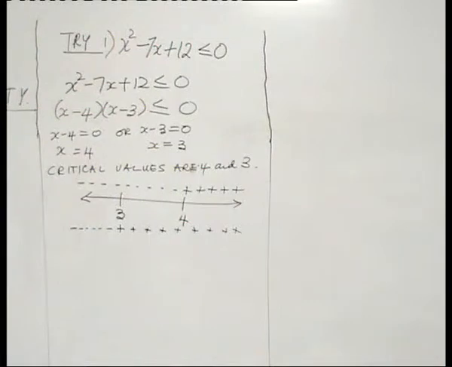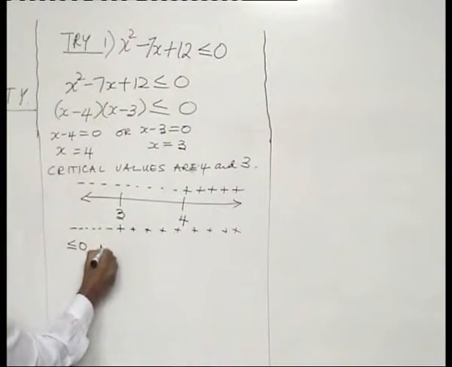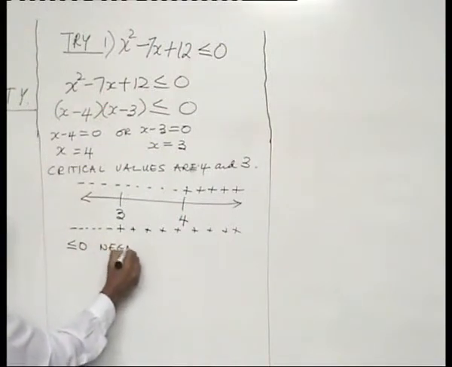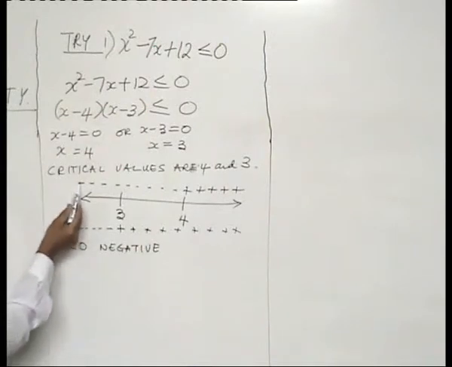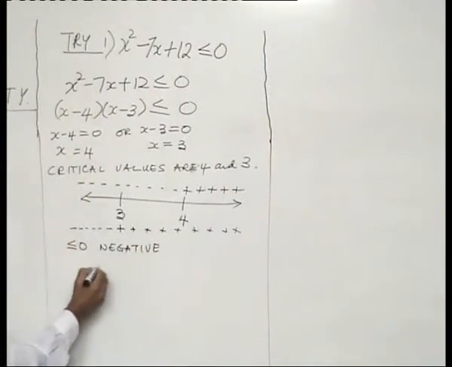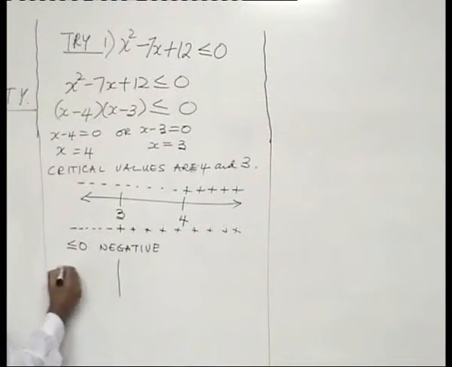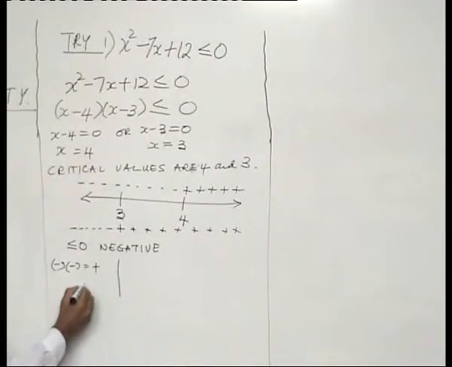Now, we are looking for less than or equal to 0. That means we are looking for a negative result. So, once again, we got 3 options here. Negative times negative gives us positive. So, this is not what we're looking for.